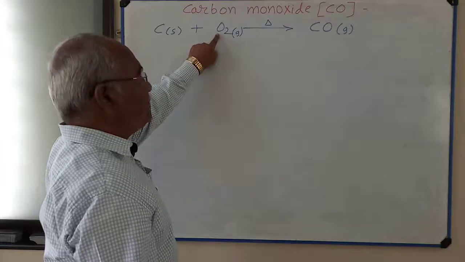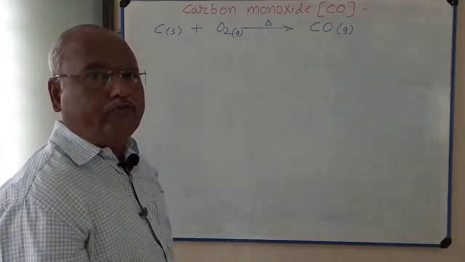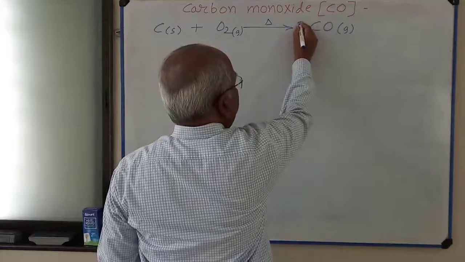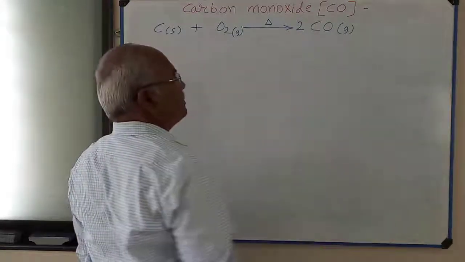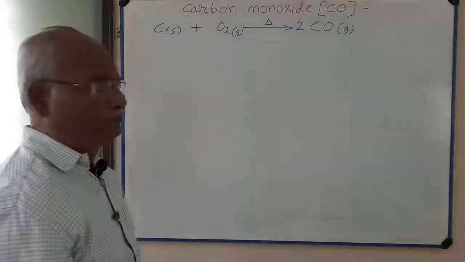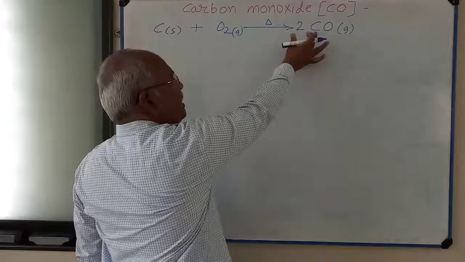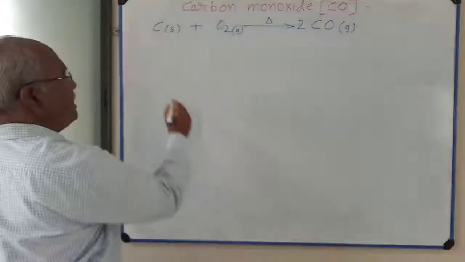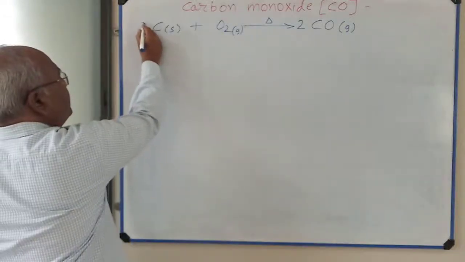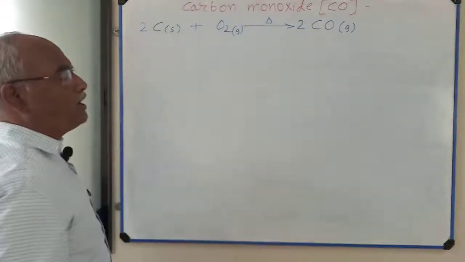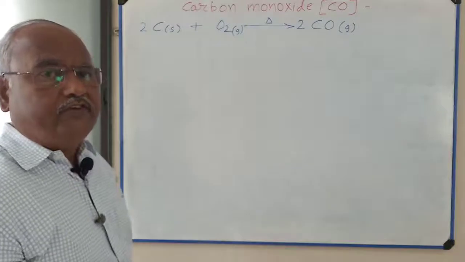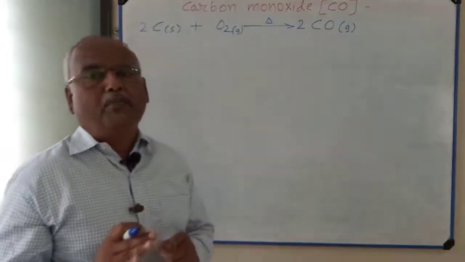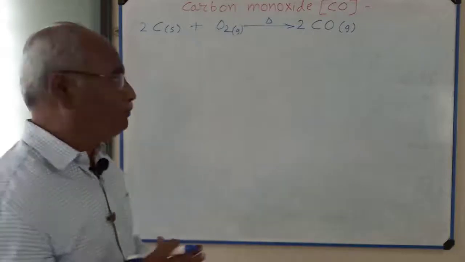On the left hand side, two oxygen atoms are present. Therefore, on the right hand side, I take twice CO. The number of carbon is 2 on the right hand side. Therefore, on the left hand side, I take 2 carbon. So this is the first method of preparation of carbon monoxide.